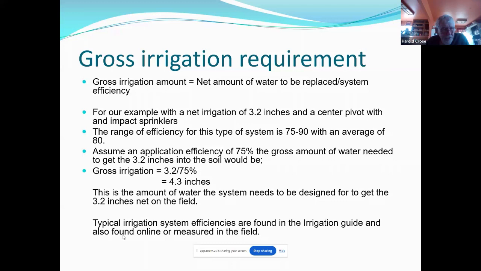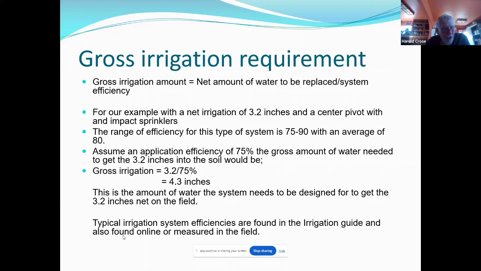Like I mentioned earlier in the presentation, on real irrigated ground, if we can get it up to 40% efficient, we're lucky. So if you're 50% efficient, and you need to put on 2 inches of water net, you have to apply 4 inches of water to get that 2 inches, because the efficiency of the system just can't apply it that effectively.